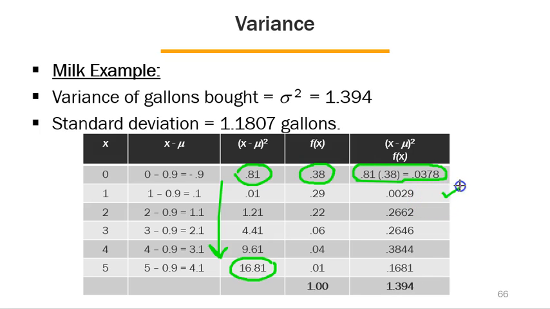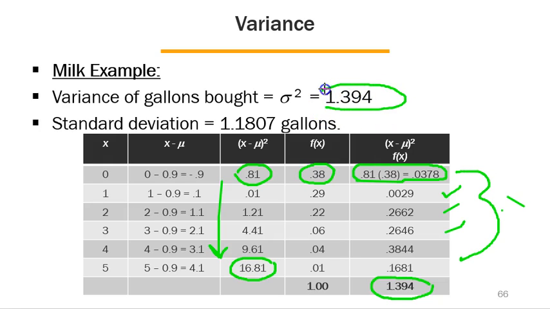So do it here, do it here, it's done here, and so on, until at the bottom we get the 1.394 by just adding all these up, which is the variance, and then take the square root of that to get the standard deviation.